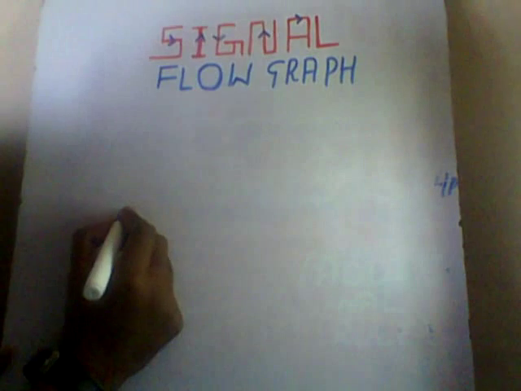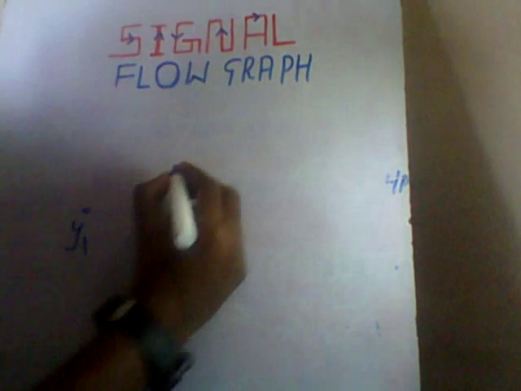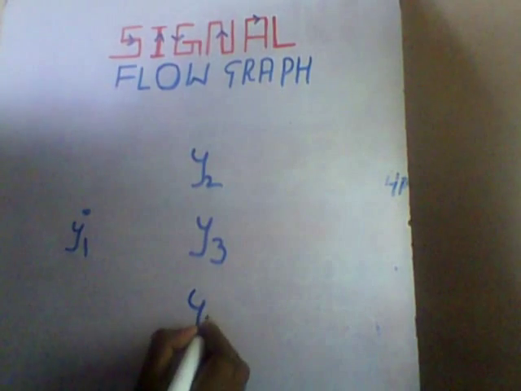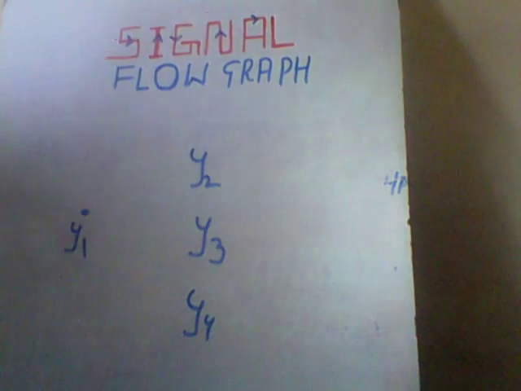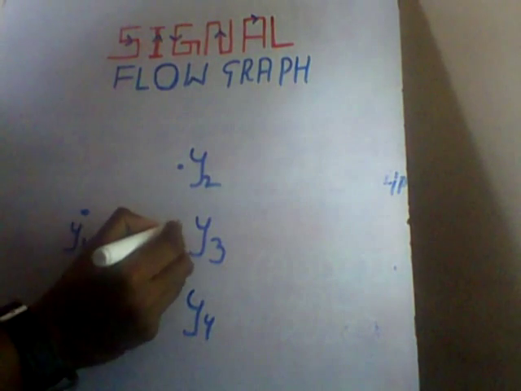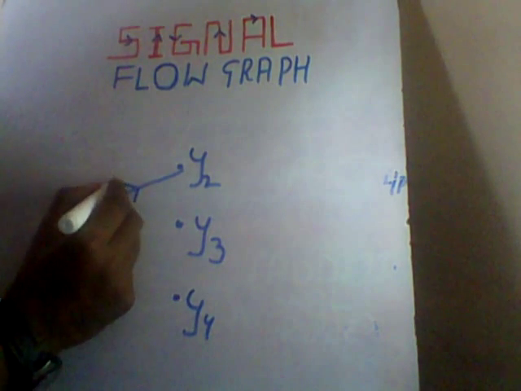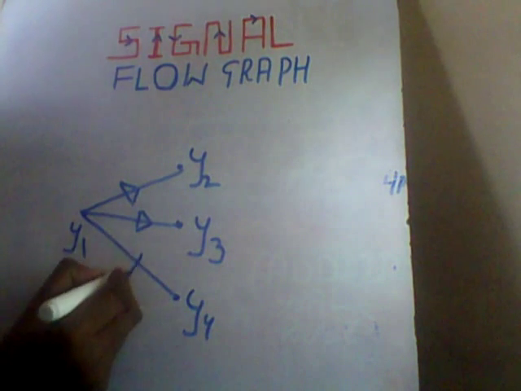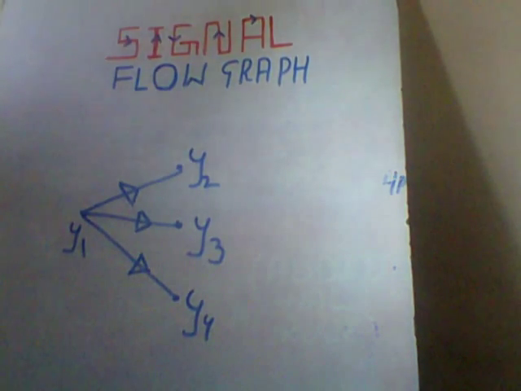Similarly, let us consider y1 as an input and y2, y3, y4 are outputs. That means y1 is a source and these three are sinks. As I said earlier, always the branch flows from input to output. This signal flow graph is drawn based on one rule called transmission rule.